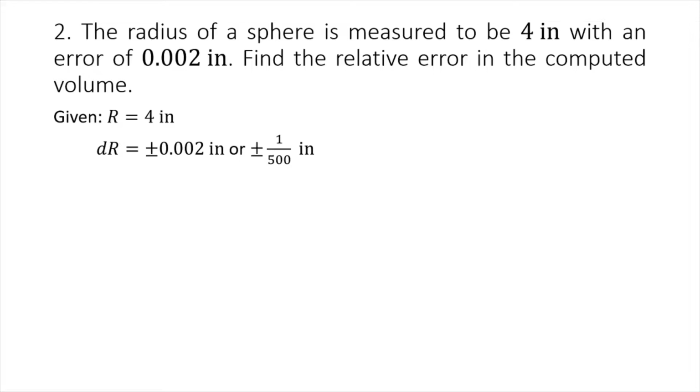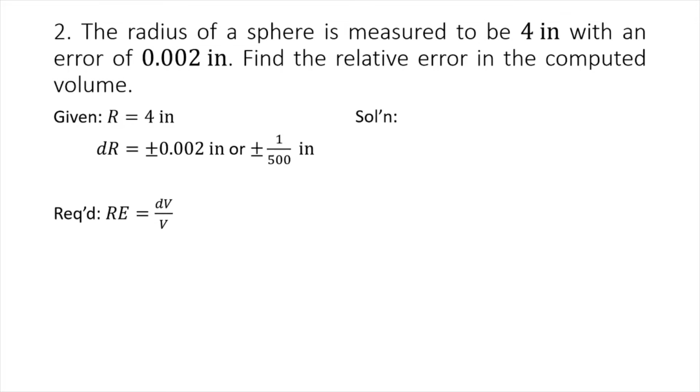All right. Required in this case is the relative error. So it's the ratio between the error in the computed volume and the measured volume. So that's dV over V. Okay.